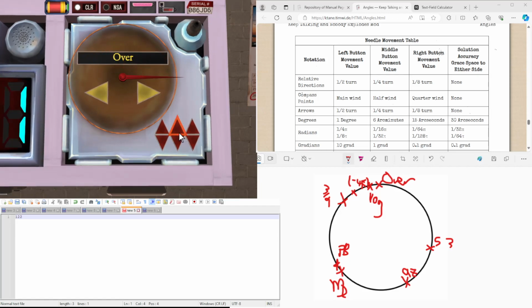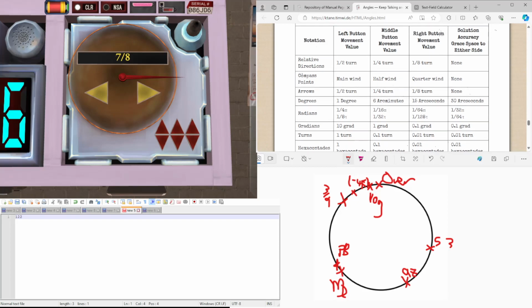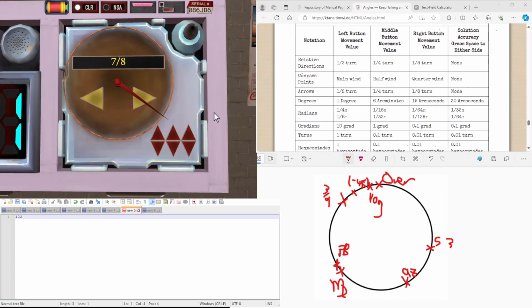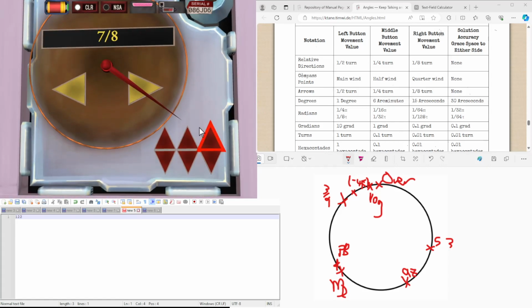So we need to start from there, and then we want to do an 8th of a turn, but this way. So looking at this, it seems to be closer to this one.